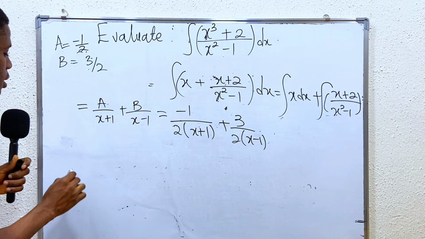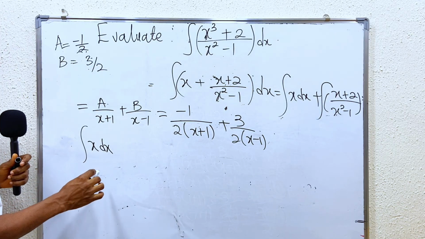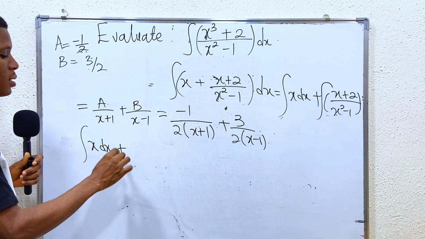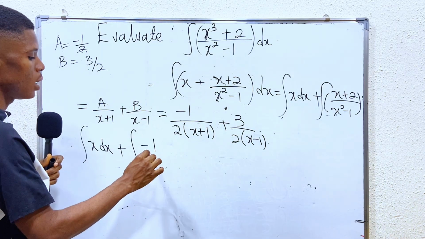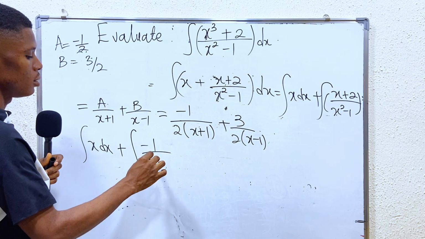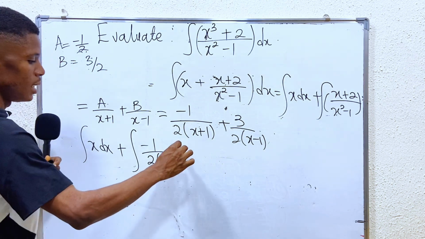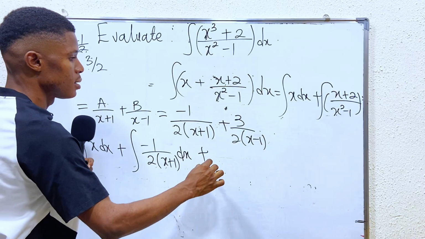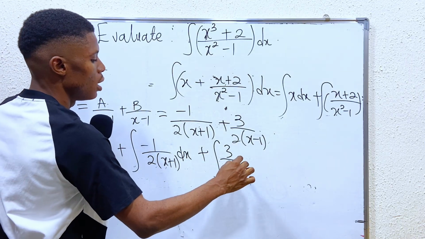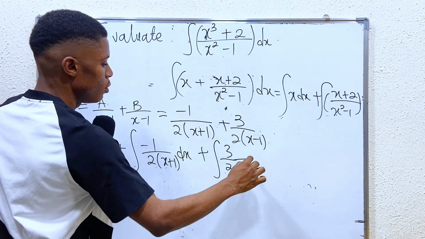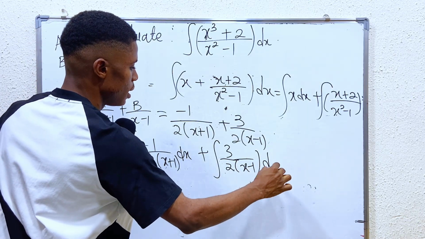So if you put it in the integral, we have the integral of x dx, since we've resolved the fraction, plus the integral of the first term, minus 1 over 2 over x plus 1 dx, then plus the integral of 3 over 2 over x minus 1 dx.